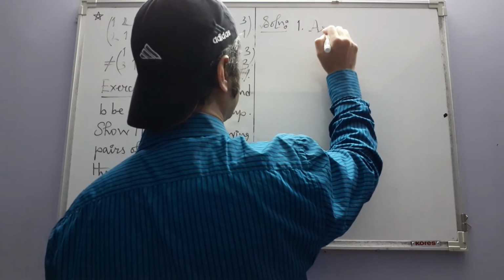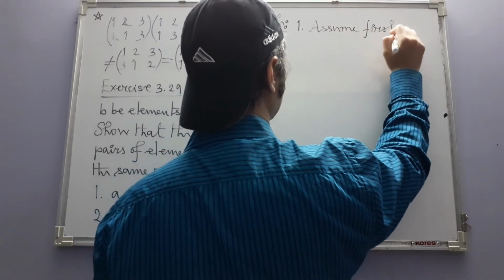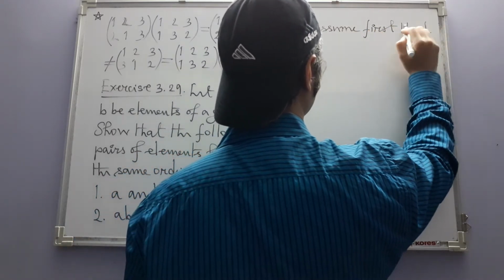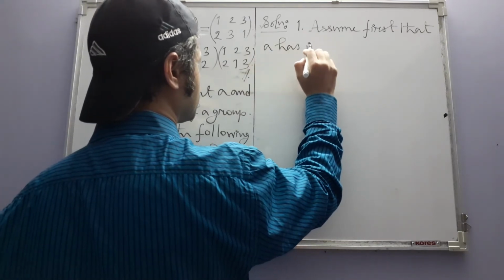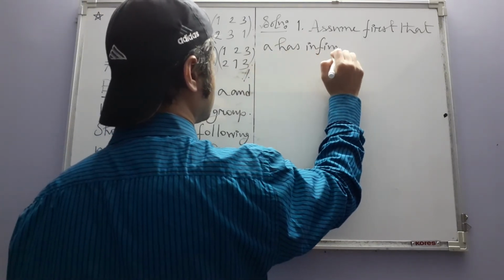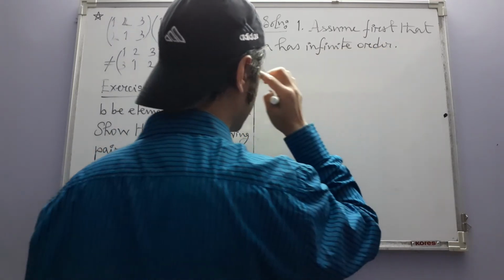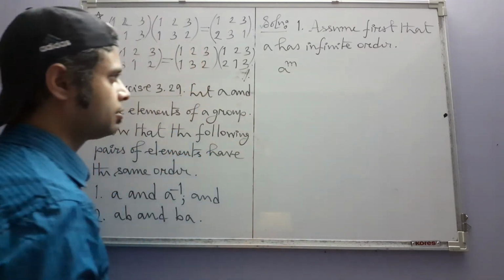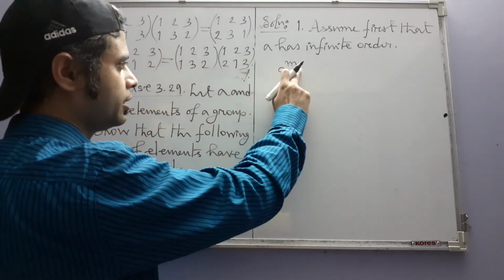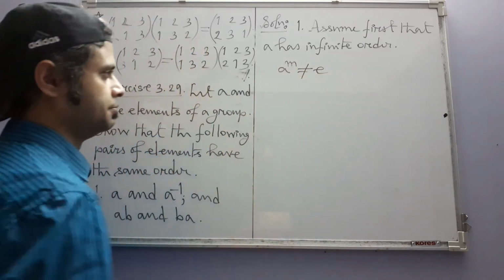Assume first that A has infinite order. What that means is that if you look at powers of A of this form where m is any positive integer, you will never get identity.